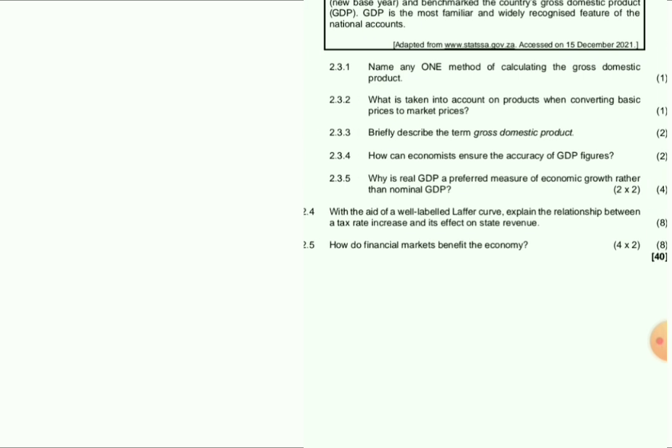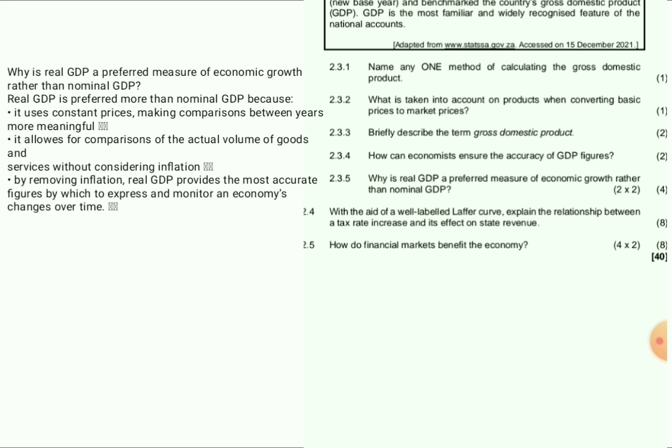Why is real GDP a preferred measure of economic activity rather than normal GDP? It uses constant prices, making comparison between years more meaningful.